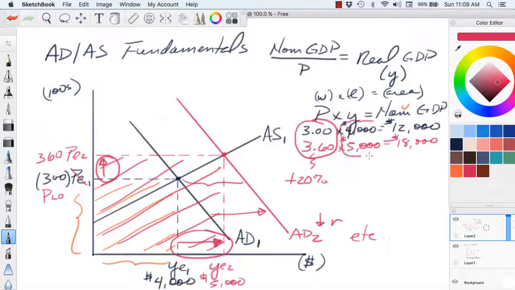This is actually a 25% increase. And this is actually a 50% increase.